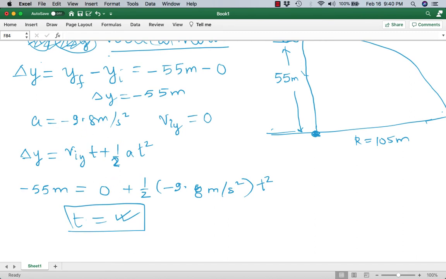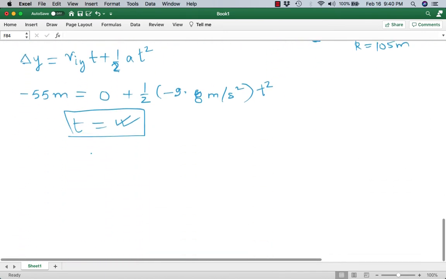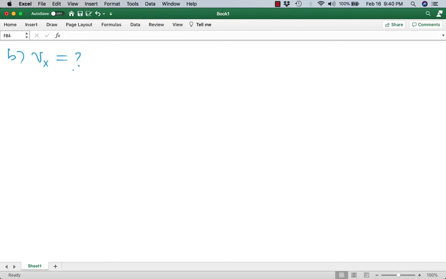So now let's look at the second part. It's asking what must have been the initial horizontal component of the velocity in meters per second. So we want to find Vx. For Vx we need to use horizontal motion, and for horizontal motion we only have one equation, that is Vx is equal to delta x over t.